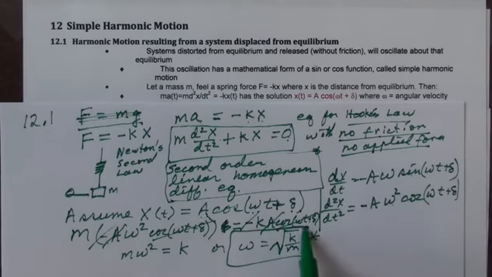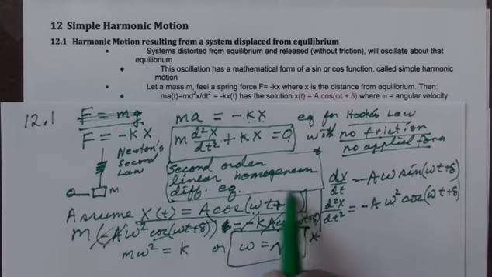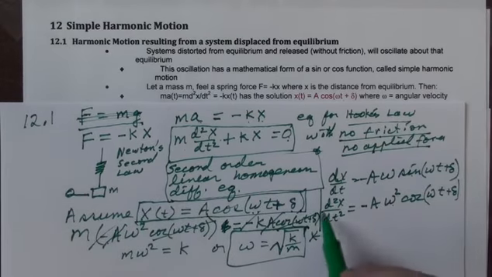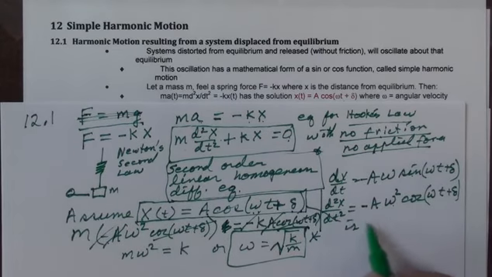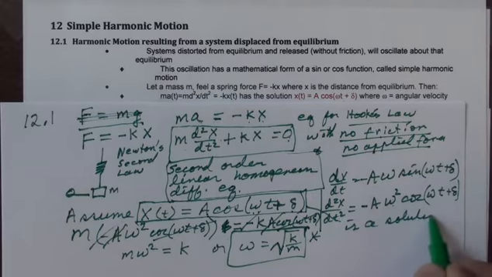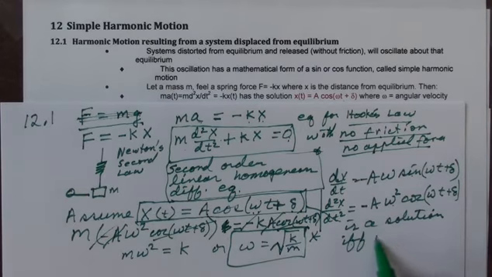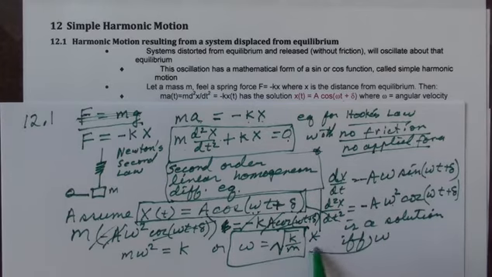Very important, because what we have now proved is that this is a solution if and only if, which is sometimes written IFF, omega is given by this expression here. Let me draw an arrow over here.